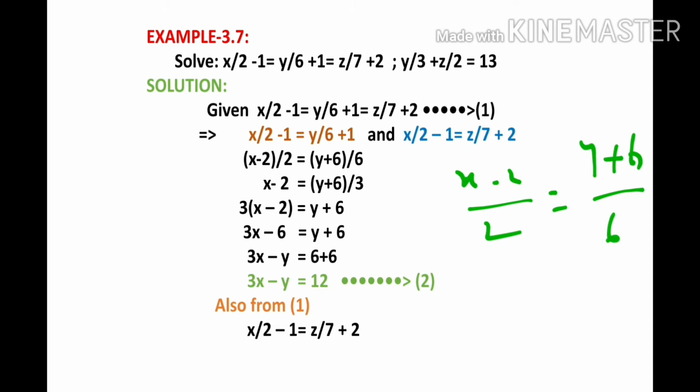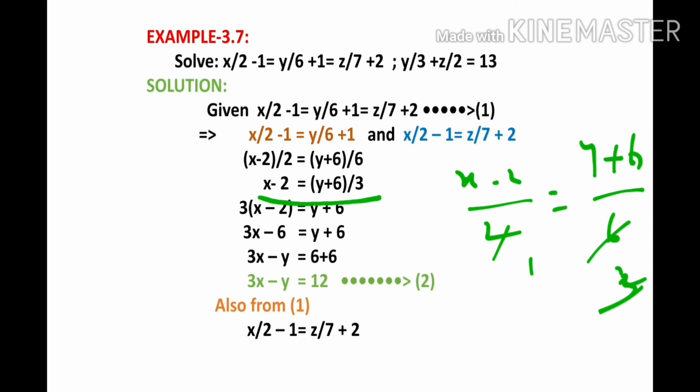If you transform this, what happens? This 2 becomes multiplication, or you just simplify this here. 2 ones are 2, 2 threes are 6. What is remaining? x minus 2 is equal to (y plus 6) by 3. That's why I write here x minus 2 is equal to (y plus 6) by 3.